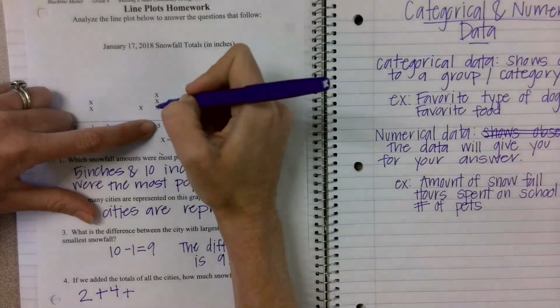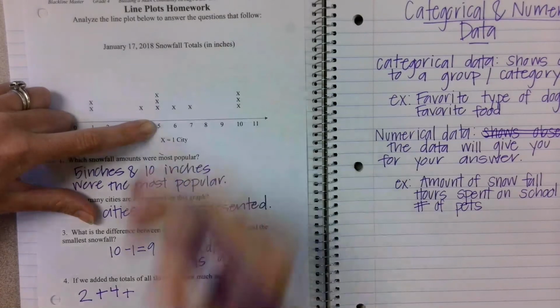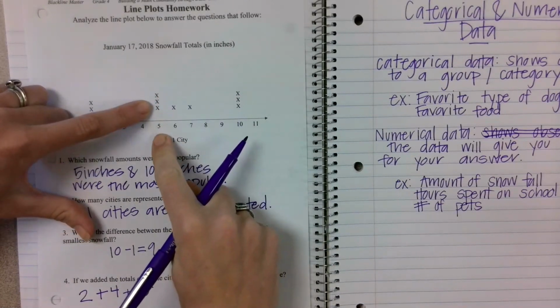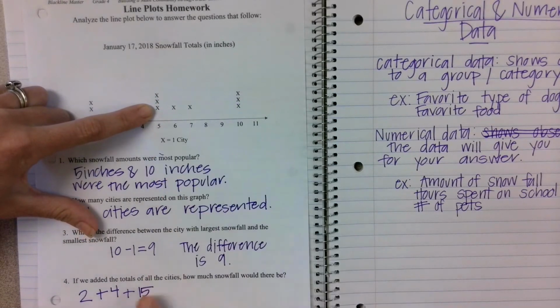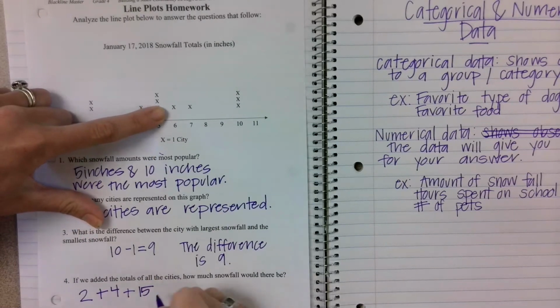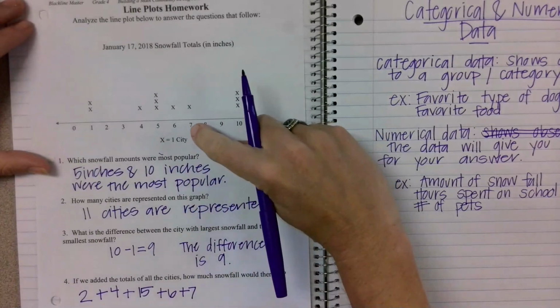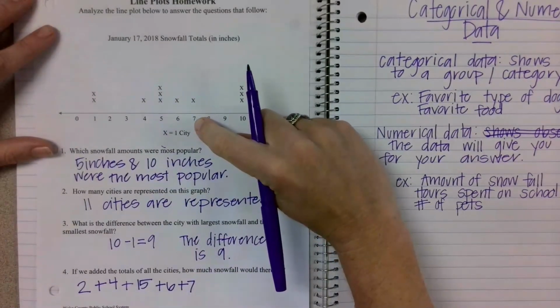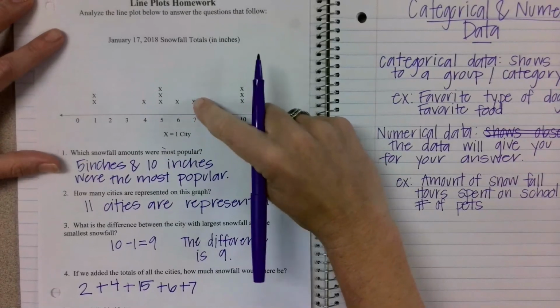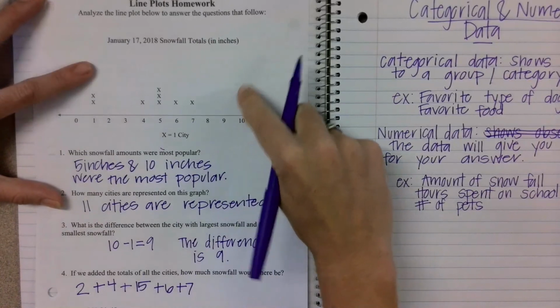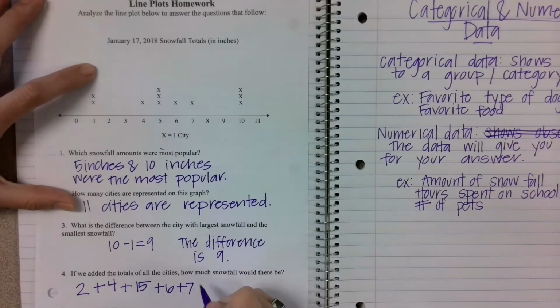That means 5, 10, 15. So 3 cities had 5 inches each for a total of 15. Plus 6 plus 7, because I'm putting the number under each that corresponds with each X. And then if 3 cities had 10 inches each, then 3 times 10 is 30.